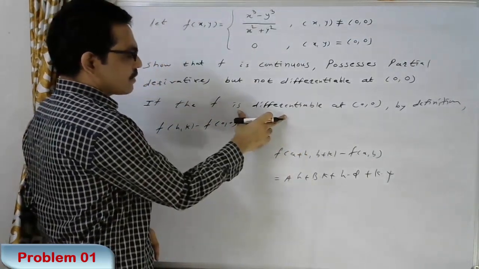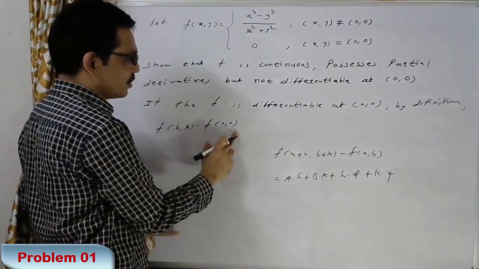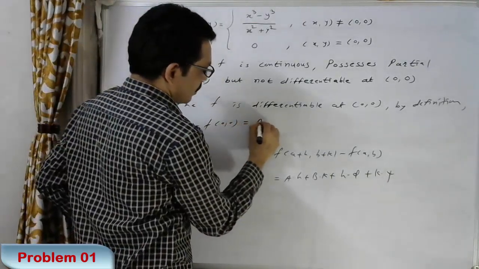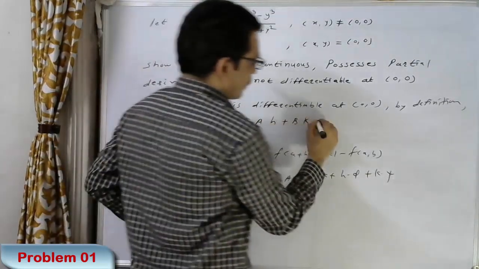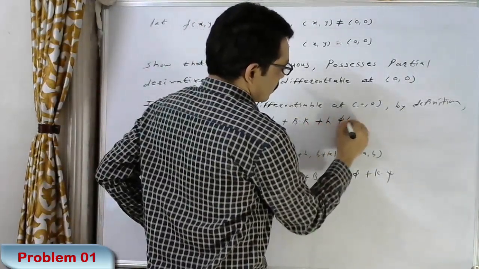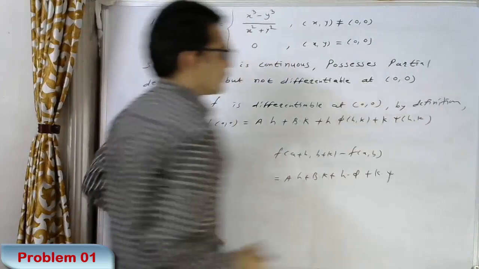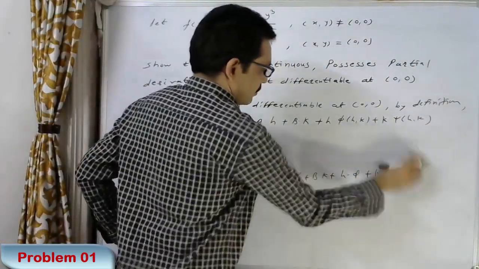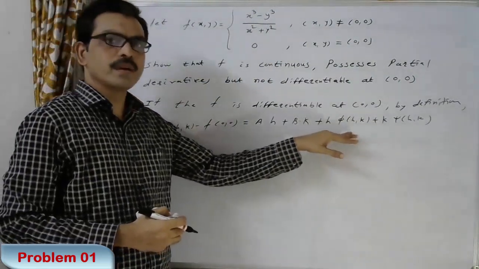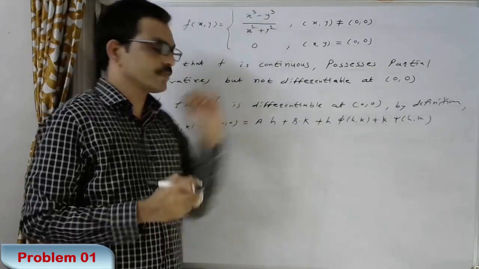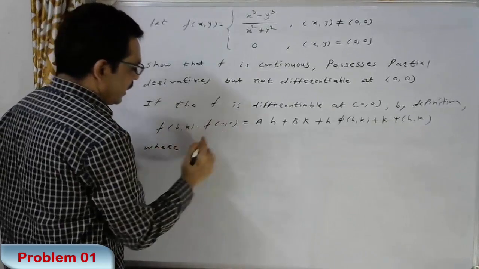If the function f is differentiable at the point (0, 0), then by definition we write f of (h, k) minus f of (0, 0) is equal to a into h plus b into k plus h into phi of (h, k) plus k into psi of (h, k), where a and b are constants.